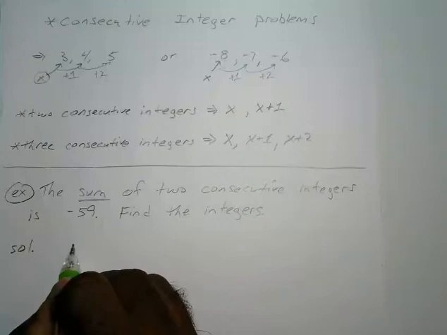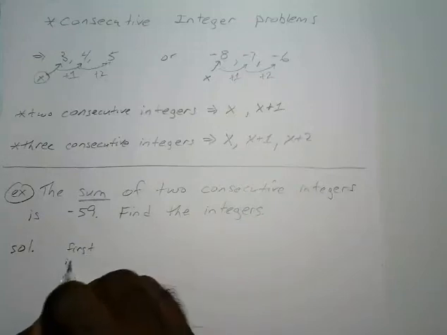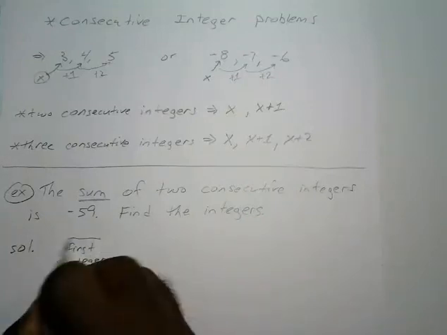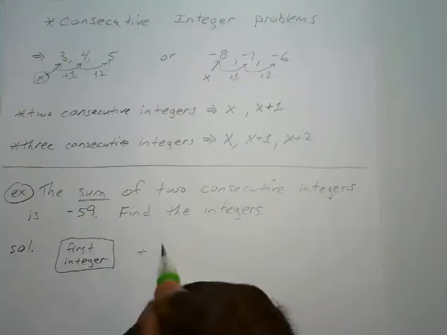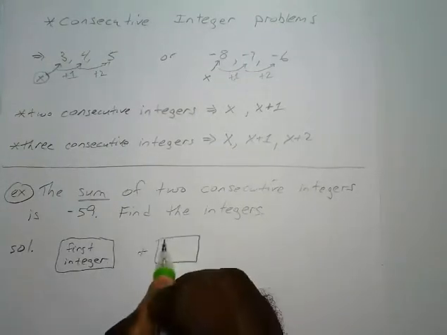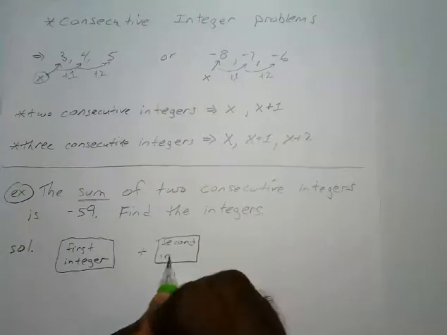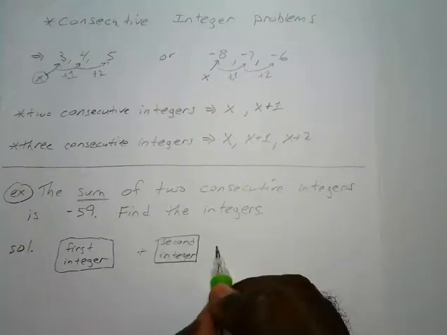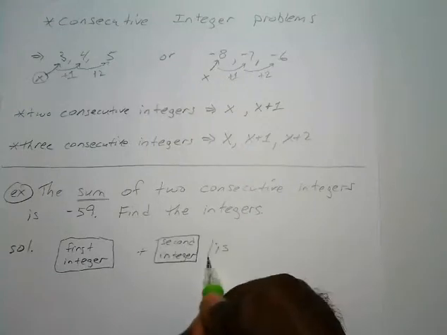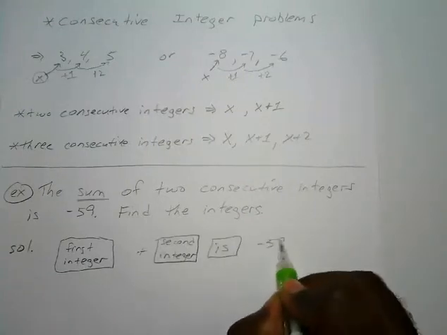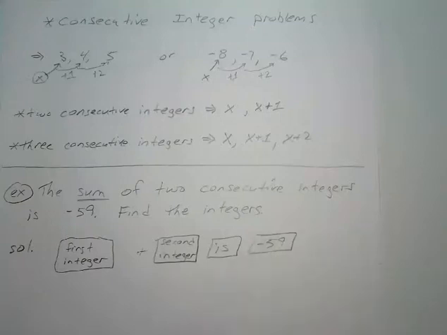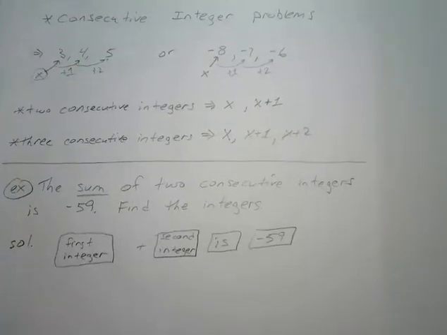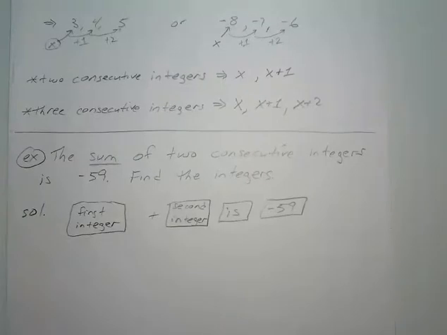So that means our first integer plus our second integer is negative 59. If you want to write is, or you just want to go ahead and put the equal sign, you could do that also, as long as you're accurately rewriting the question.